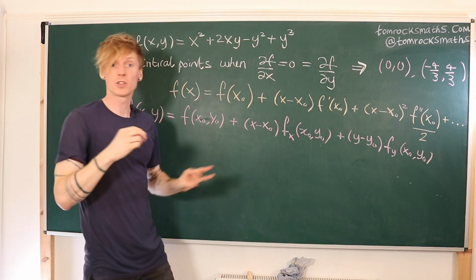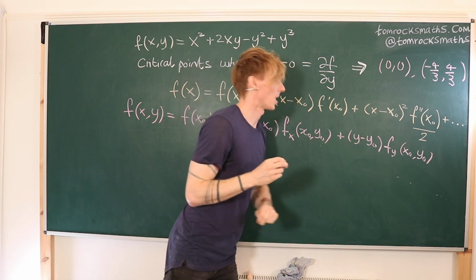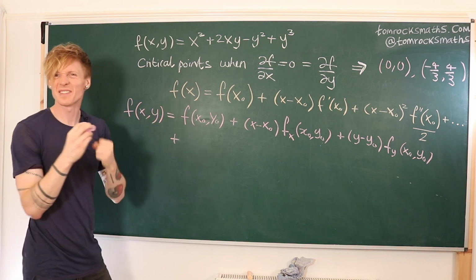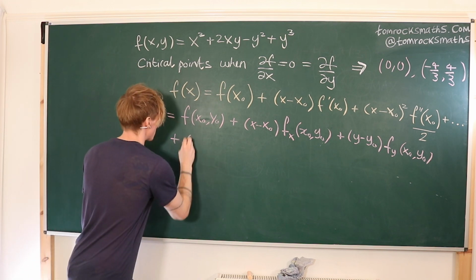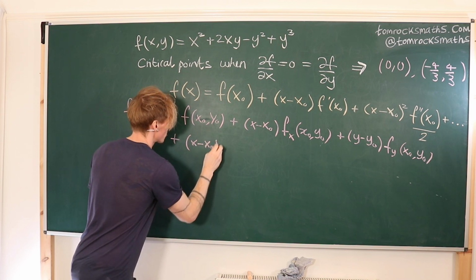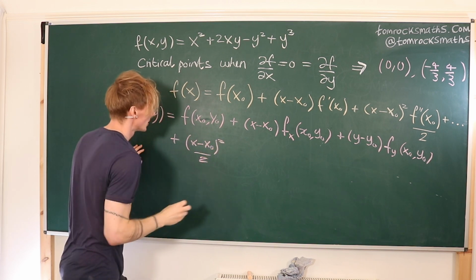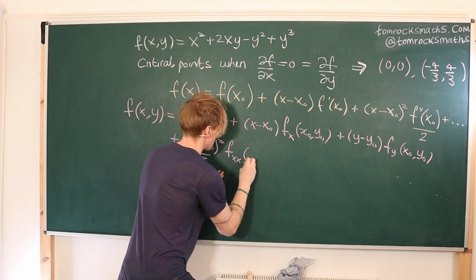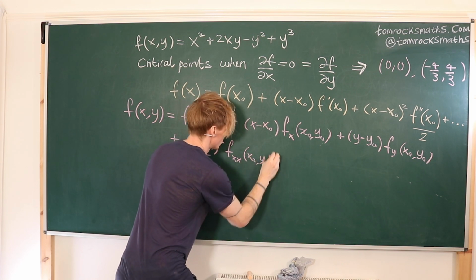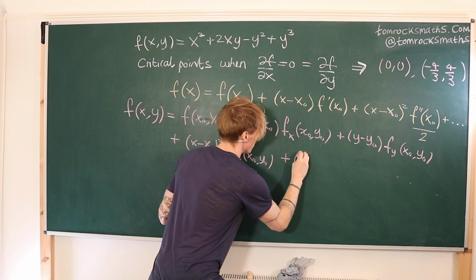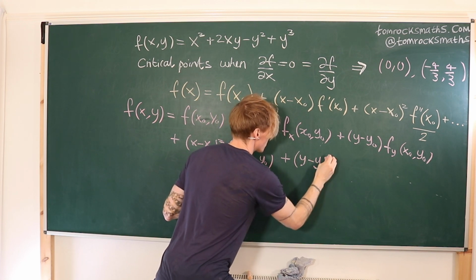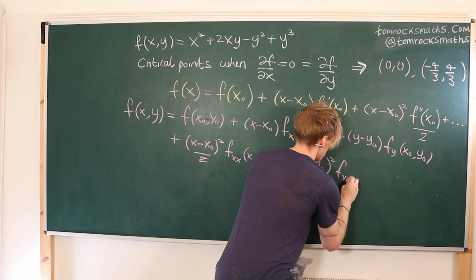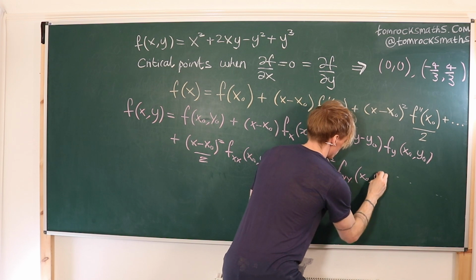That will be our first order term with our first order partial derivatives, plus the second order term, which again has a very similar structure. This is going to be (x minus x0) squared over 2, and then we have fxx at x0,y0 plus (y minus y0) squared over 2 fyy at x0,y0.